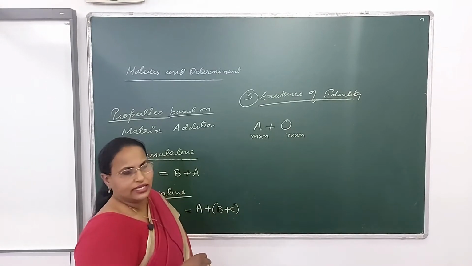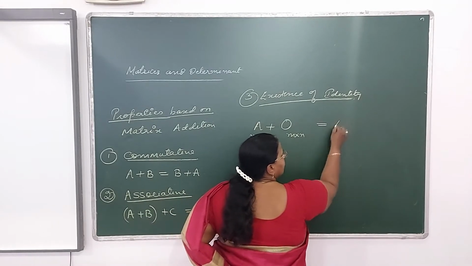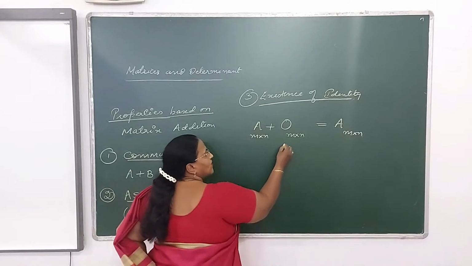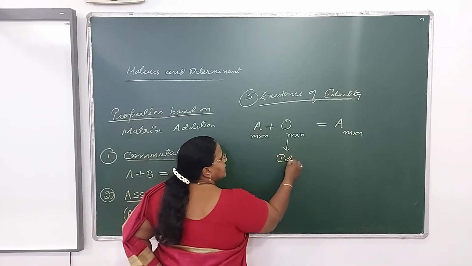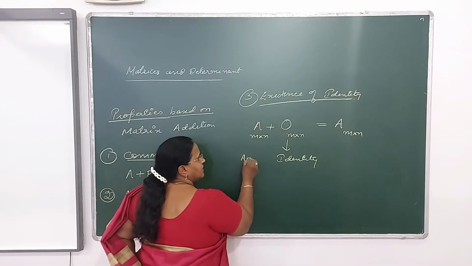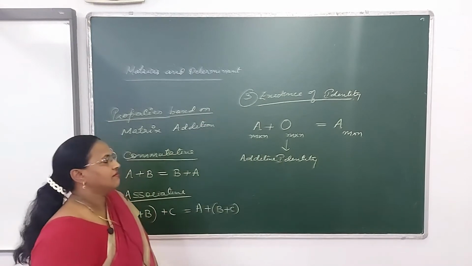Then only you can add it. Then A plus the null matrix 0 will result in the matrix A. So in that way you can say the null matrix is the additive identity.